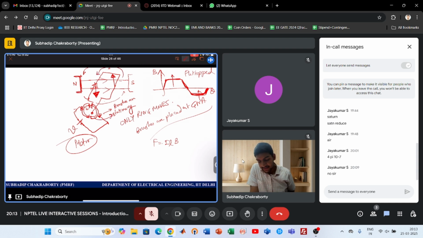Now, as you understand, current in this path is like this, but only up to the point that this conductor rotates and comes to this direction. Then again the current will be flipping, because after a rotation this conductor will come to this side, right? And the current will have to change. Why change?